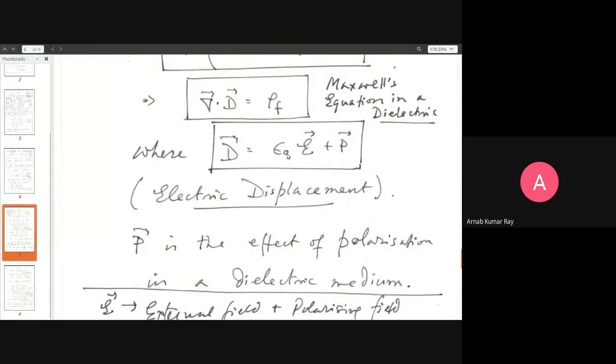If you look at this formula, epsilon naught times vector E is added to vector P. Now you can only add two things if they are dimensionally the same. By dimension, I mean the physical dimension, not the spatial dimensions of X, Y, and Z. Physical dimensions as in mass, length, time, the dimensions of mechanics.